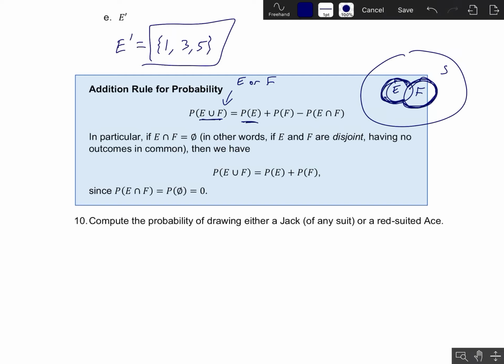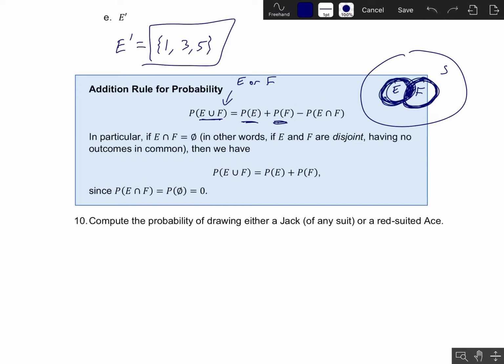But if we just took the probability of E plus the probability of F, that would be adding this area plus this area, but we've unfortunately double counted the area in the middle here, the area that they share. So if you just add together the probability of E plus the probability of F, you might be double counting anything that they have in common. And we'll see some examples of that in a second. But the reason that this term is showing up where you subtract what they have in common, or really the probability of what they have in common, is just so that we avoid this double counting problem.